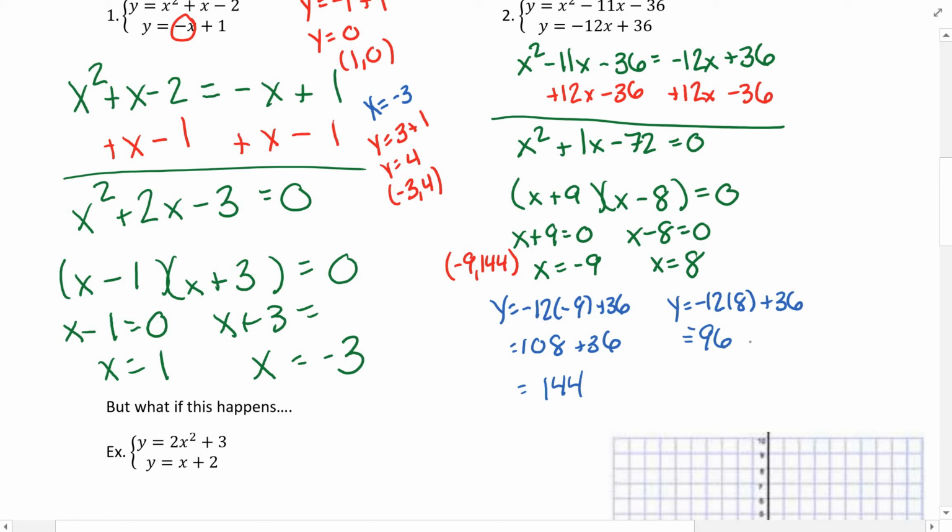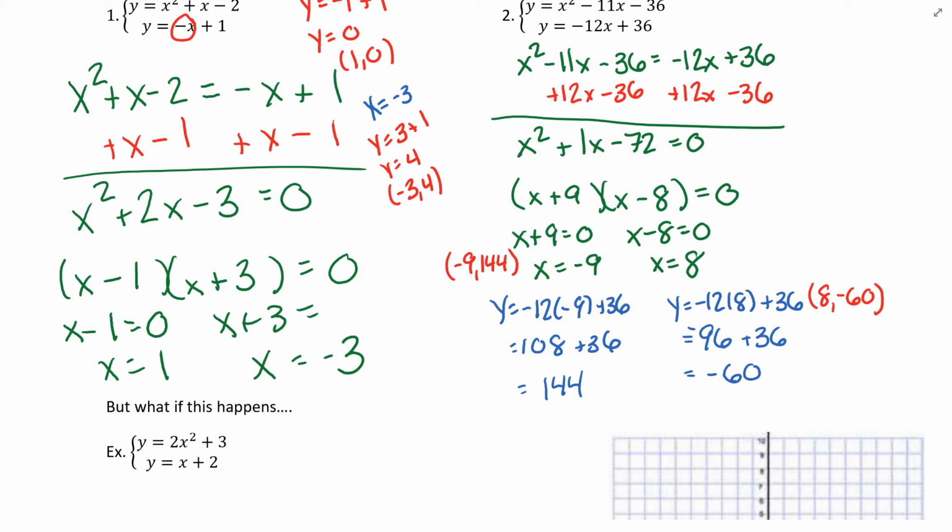Negative 96 plus 36 should get me negative 60. So, I have my two coordinates. My second coordinate is 8, negative 60. And again, there's nothing wrong with these y values being so large. But as you can see, graphically, it would have been a pain to see everything. We would have had to put them in Desmos, zoom out a lot, and then try to figure out where these two things cross.